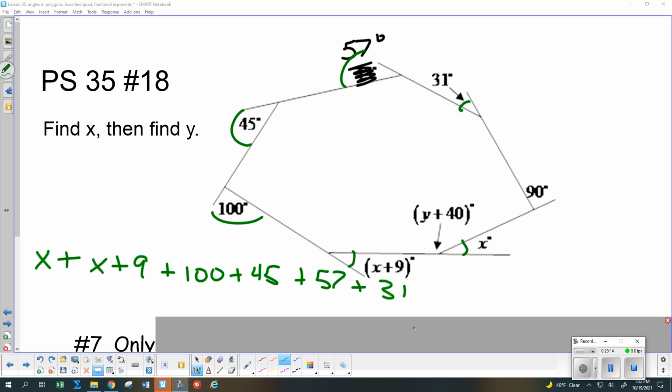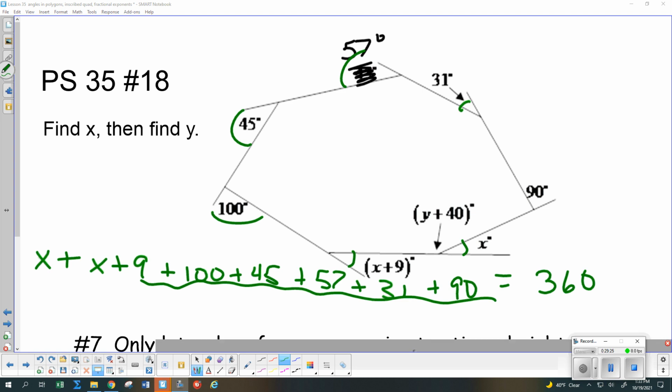That hasn't gotten all of them yet. I still need the 90. And they all add up to 360. Then you've got a whole bunch of numbers here that you're going to combine, subtract from both sides, and you'll end up with 2x equals something. So then you can get x, right? Agreed? You guys can get x from here.